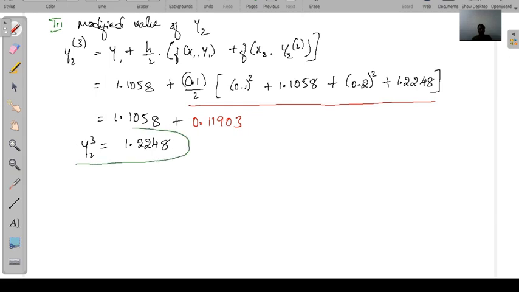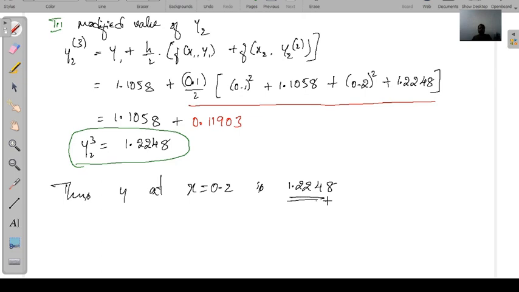In our third modified step, we have a resemblance with the second and third modified value until the fourth decimal place. So we can conclude here. Thus the value of y at x is equal to 0.2 can be concluded as 1.2248.